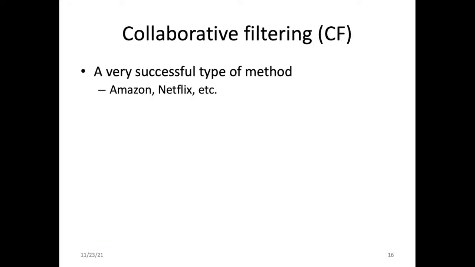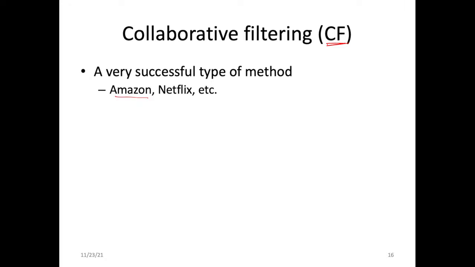And for collaborative filtering, you only need to know users' previous ratings on items. You don't need to know users' information at all. You don't need to know items' information at all. You just need to know users' previous ratings on items. So it turns out that CF, or collaborative filtering, turned out to be a very successful type of recommendation methodology. And in the year 2000, Amazon already published a paper telling people that they use this kind of approach and it turned out to be very successful for their book recommendation.